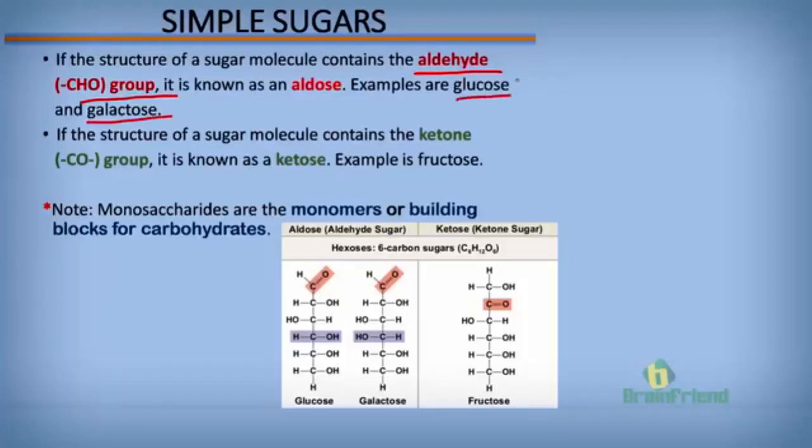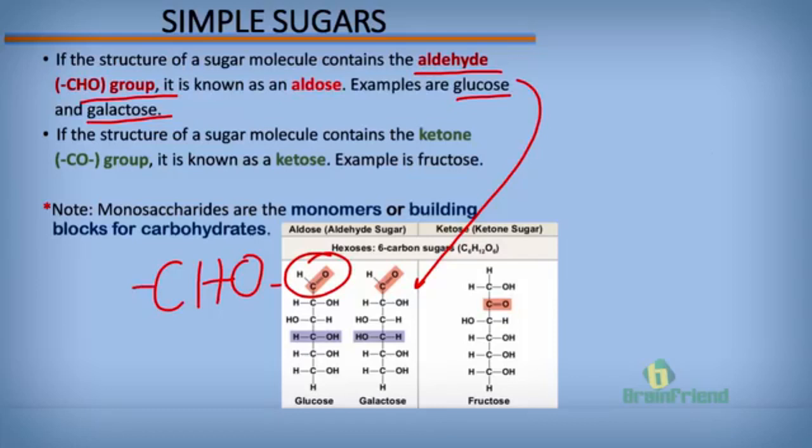Now, looking down at this diagram, we have representation of aldoses and ketoses. We say that sugars that contain the aldehyde group, here is the aldehyde group, it simply means sugars that contain the CHO group. This is known as the aldehyde group. So such monosaccharides are called aldoses. Here we have glucose and galactose as examples.